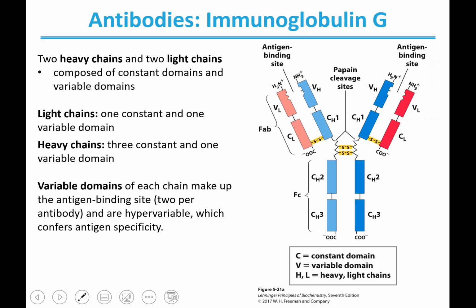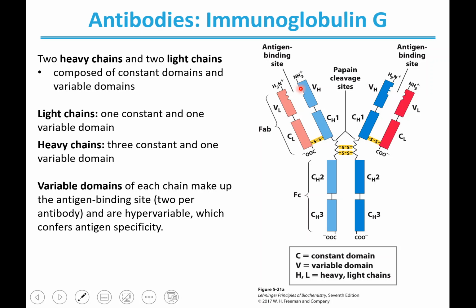There are conserved or constant domains, which are labeled with a C, and variable domains that are labeled with a V. Each light chain has a variable domain and a constant domain. V sub L means variable light, and C sub L means constant light.